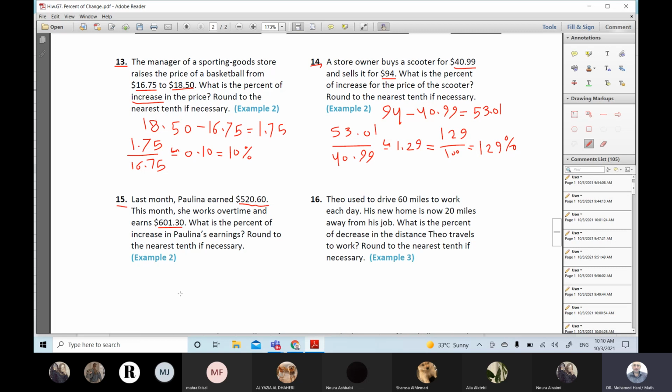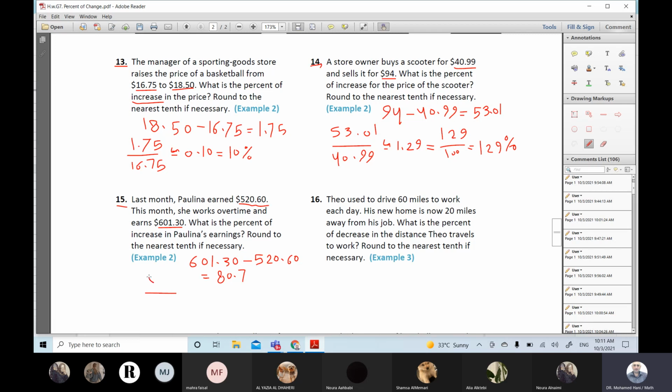Great work. So as you see here, we want to find the percent of increase. So at the first, find the amount of increase. We have 601.30 minus 520.60. So the answer will be 80.7. Now we want to find the percent. So use the rule.